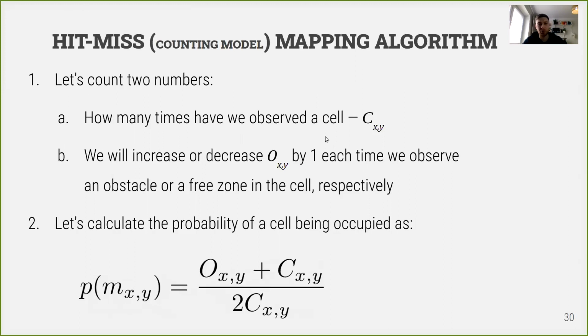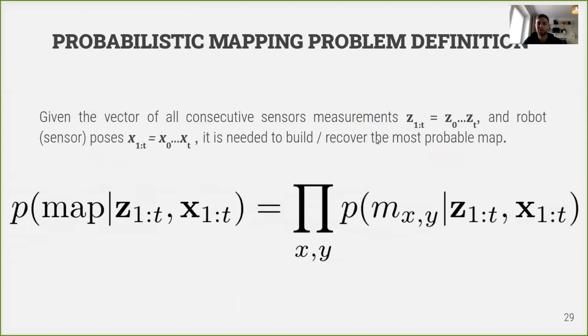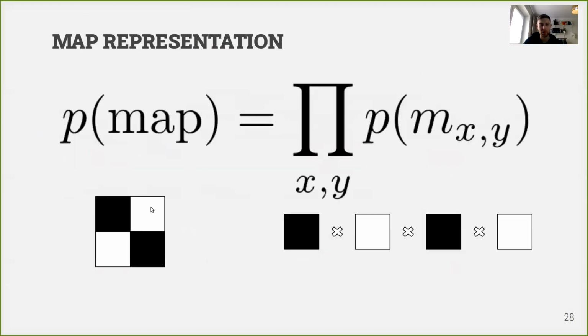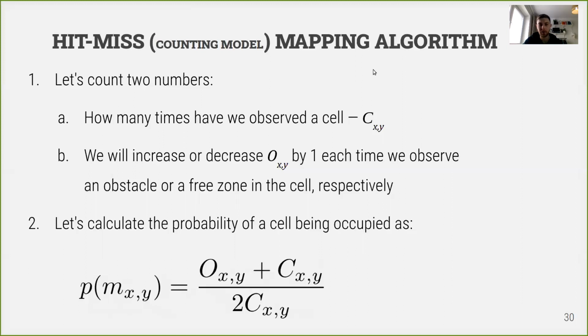We just compute a number, C, of how many times we have observed a particular cell with coordinates X and Y. We have our map, each cell has coordinates X and Y, and you have seen it already in this slide. We compute how many times we observed each cell, and we store this number for each cell.